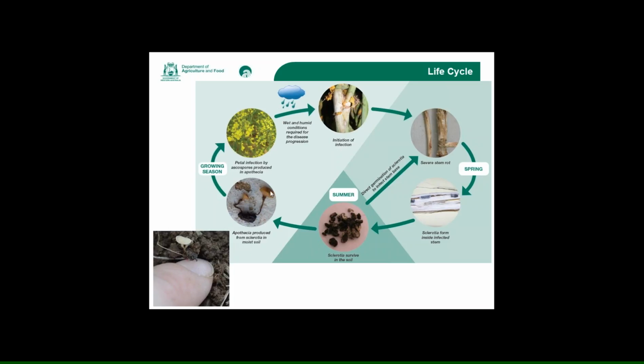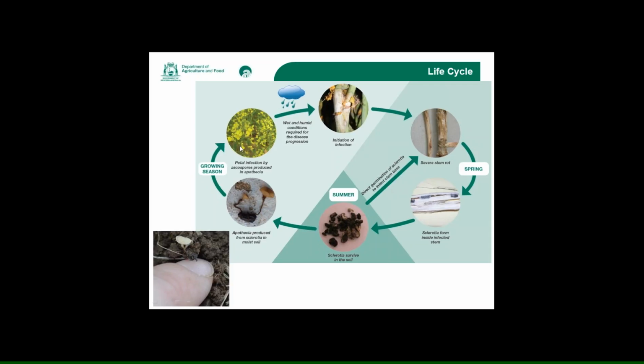And we found in our research that they can regerminate. So they last about a month, and then another one will replace it from the same sclerote. So they're quite clever in the way that they're designed to keep spreading the disease if the moisture in the soil is continuing.